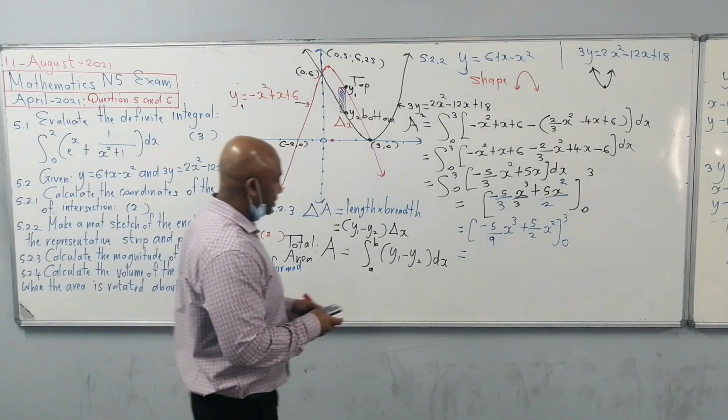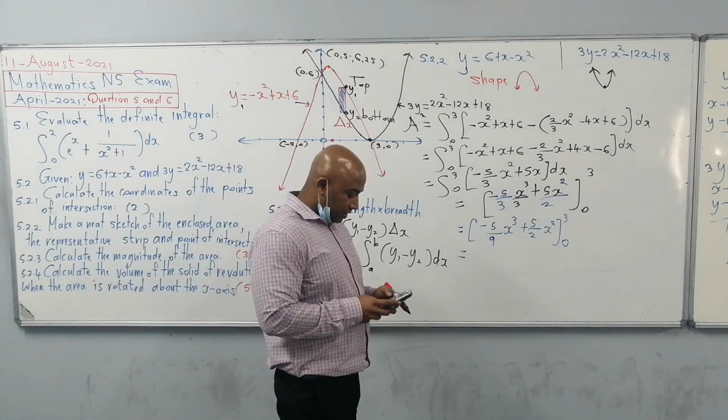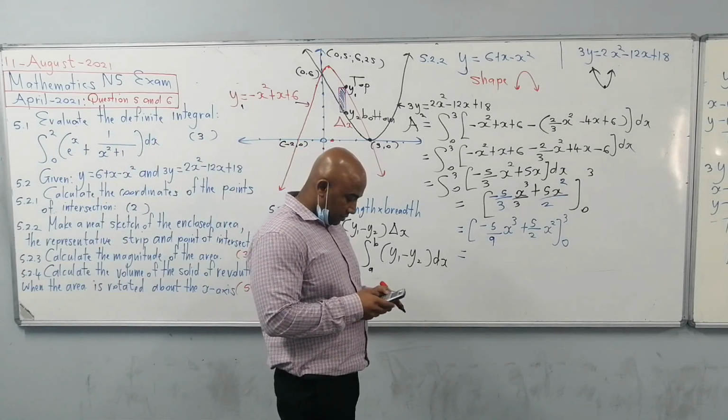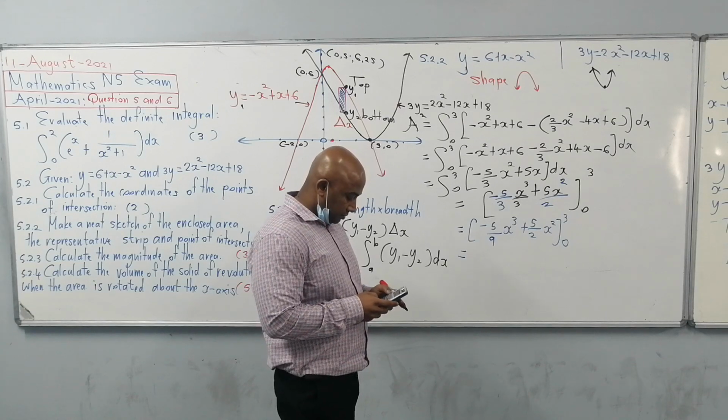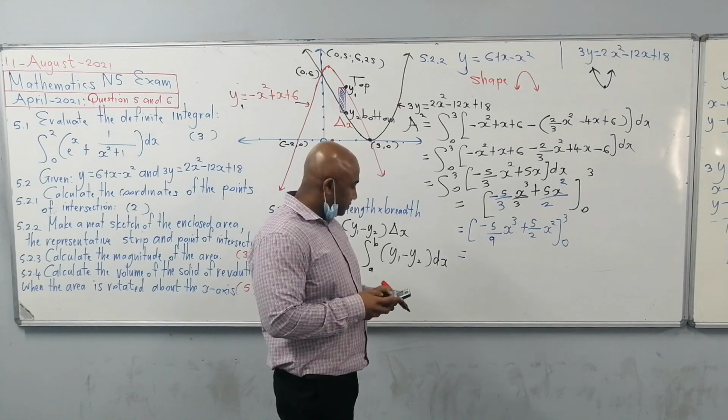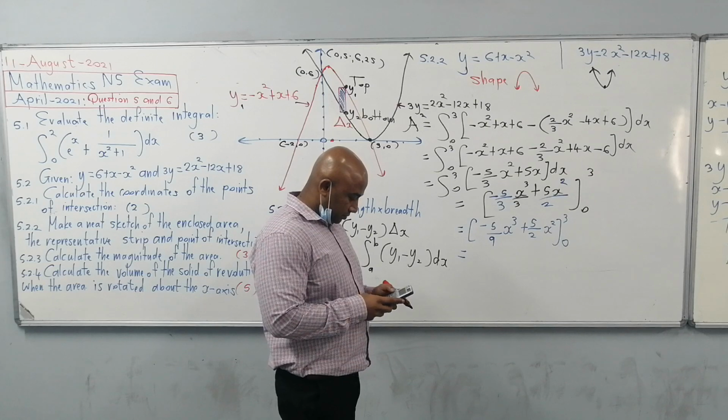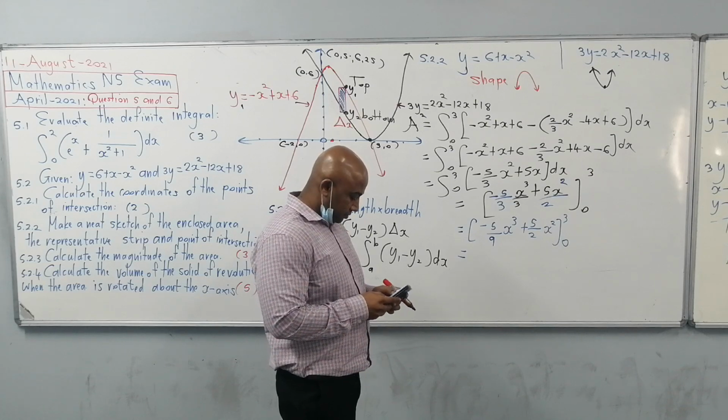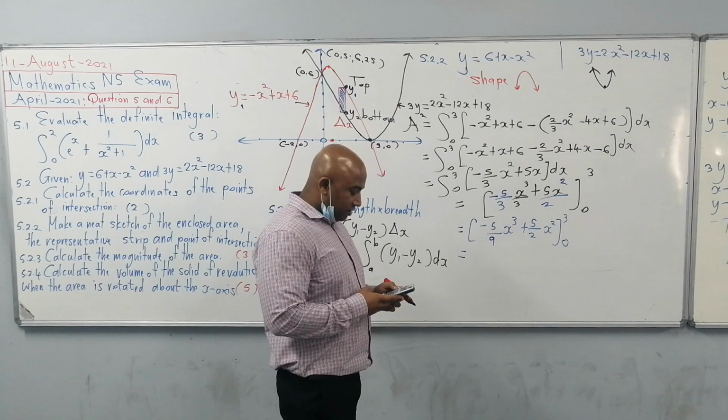Let's check. Minus 5 over 9 times 27, plus 5 over 2 times 9. What you get? 15 over 2.